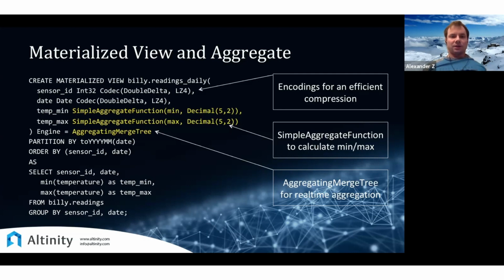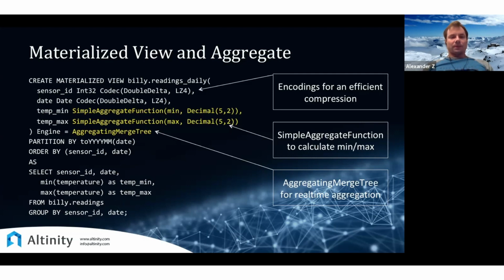And the logic of aggregating merge tree, which is again a uniquely ClickHouse feature, is to aggregate data using certain rules. In this case, I want only to aggregate min and max, and there is a special data type in ClickHouse called SimpleAggregateFunction, which does the job. I could actually calculate average almost the same way, or any other aggregate function that exists in ClickHouse, and ClickHouse has quite a lot of them.